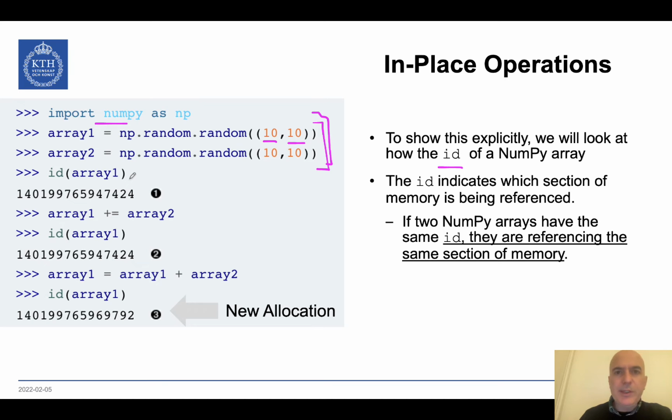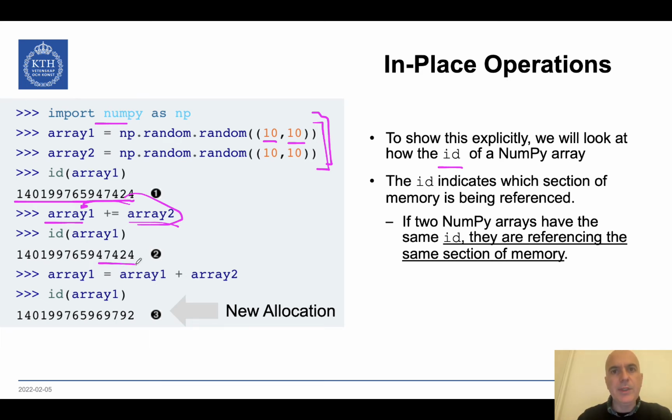And then we check what is the reference for array 1, and we get this number here. Remember, this reference can be thought of as the address where our data is. If we do this in-place operation, we take array 1 and we add the second array, array 2, that basically adds up this value to this value, and then we take what is the reference of the new array 1, and we note that the reference is the same.